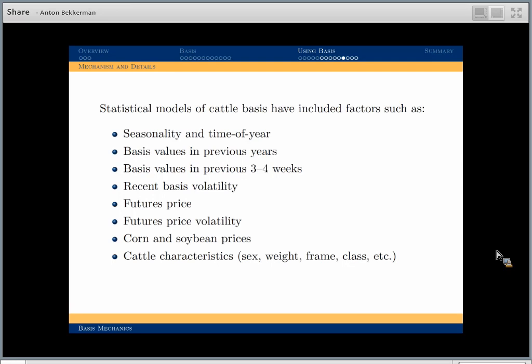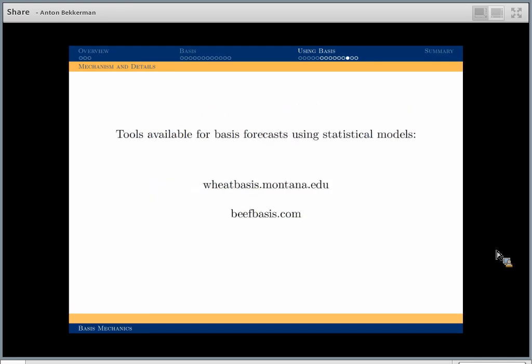Beefbasis.com is a similar site that looks at beef, cattle and feeder cattle, and I know of Billings, Miles City, and a couple of other locations in Montana where basis is predicted. That's a really useful resource for cattle producers.